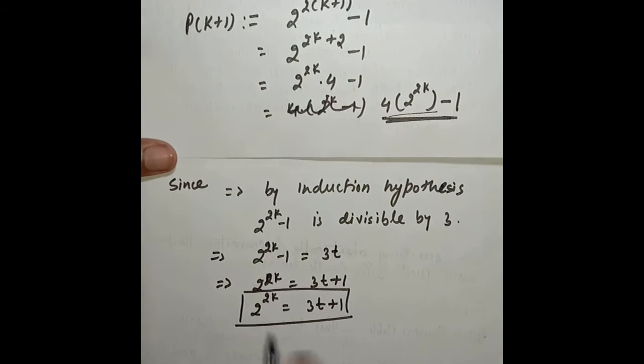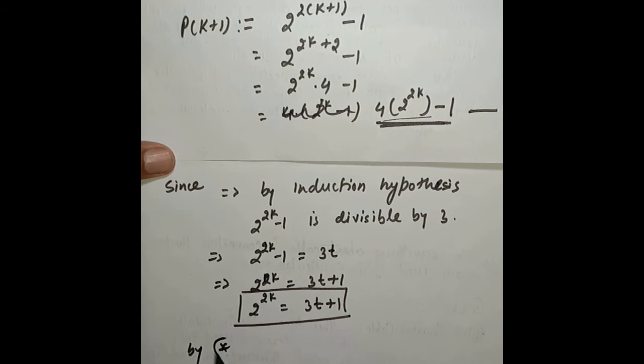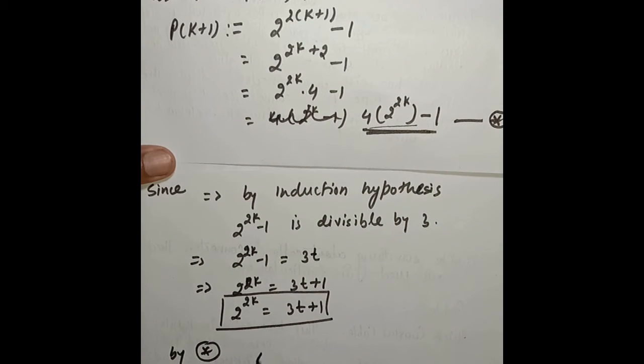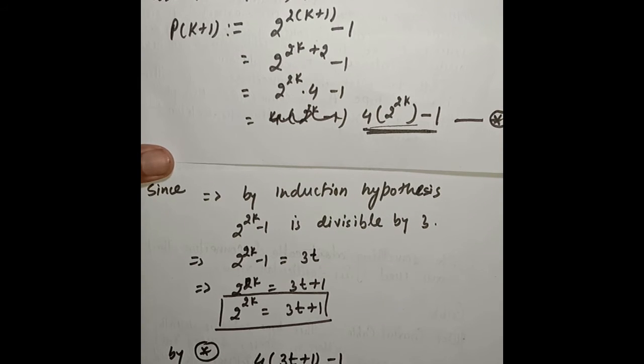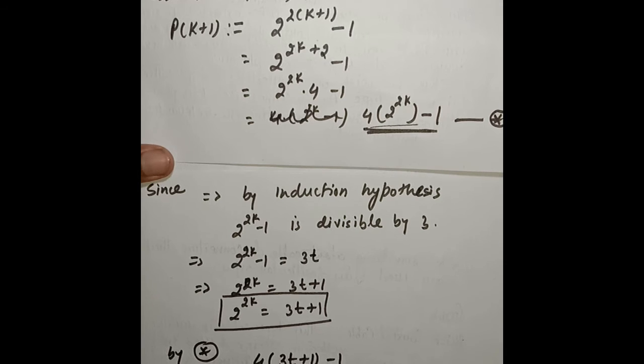That means, by this equation, we call it star, 4 into 3t plus 1 minus 1, this is equal to 12t plus 4 minus 1, this is equal to 12t plus 3, this is equal to 3 times 4t plus 1.